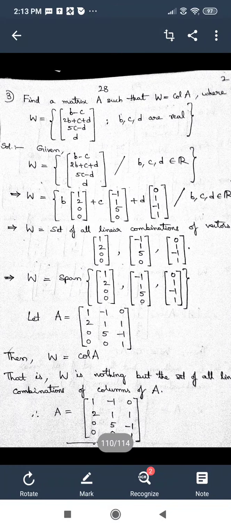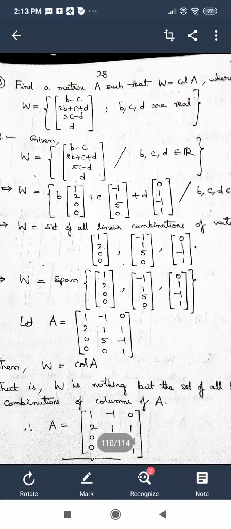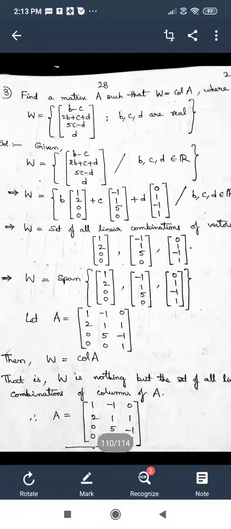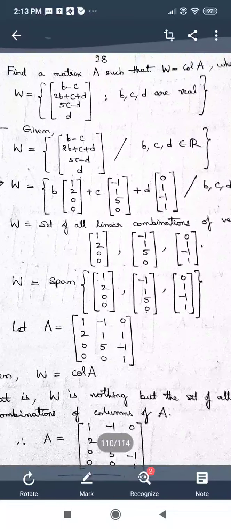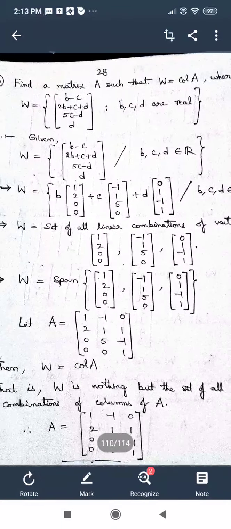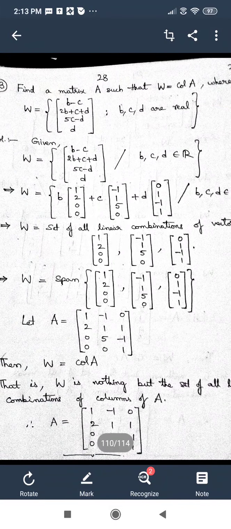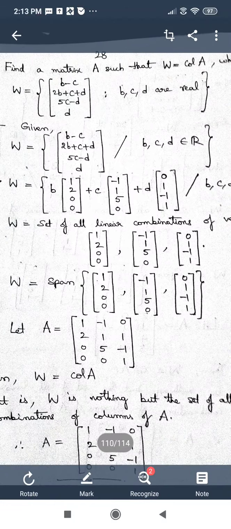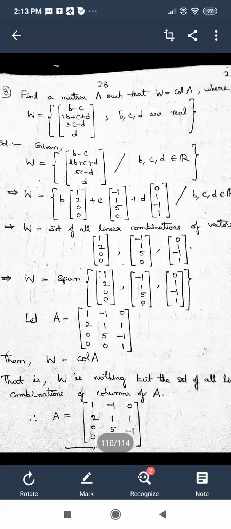We are given W is equal to this set consisting of the column vectors of order 4 by 1 of this form: b minus c, 2b plus c plus d, 5c minus d, d, where b, c, d are real numbers. Now let us rewrite this set W so that each arbitrary element of W can be split as a sum of scalar multiples of some vectors.